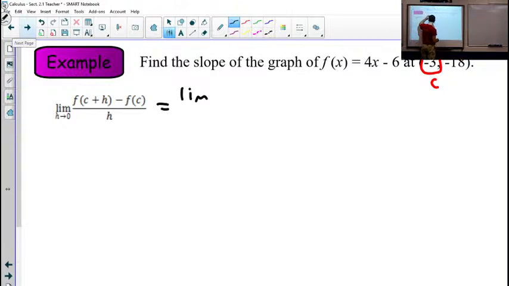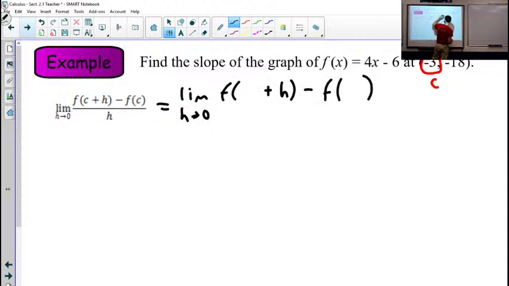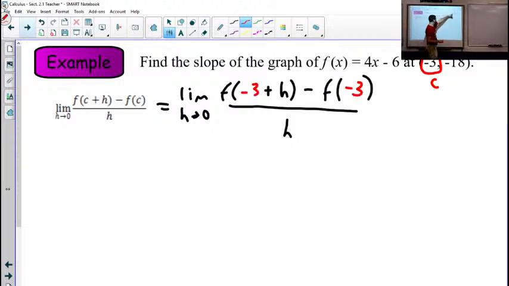So the limit as h approaches 0 of f of our c, the particular point that we're interested in, is -3. f of -3 is -18. So -3 is that x coordinate we're putting in and finding the slope at that point.